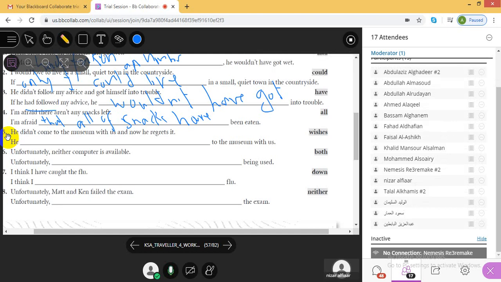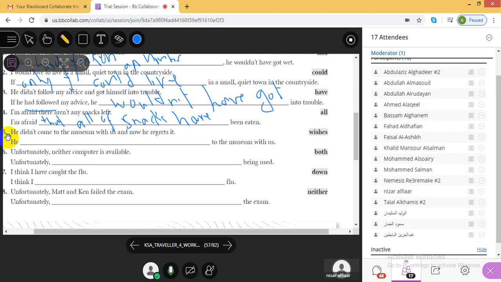After which, we have two ways. If we're talking about a present situation, we will use past simple after which. But if we are talking about a past situation, okay, Walid, listen, we will use had and verb 3 after which. Here we are talking about a past situation because it happened.